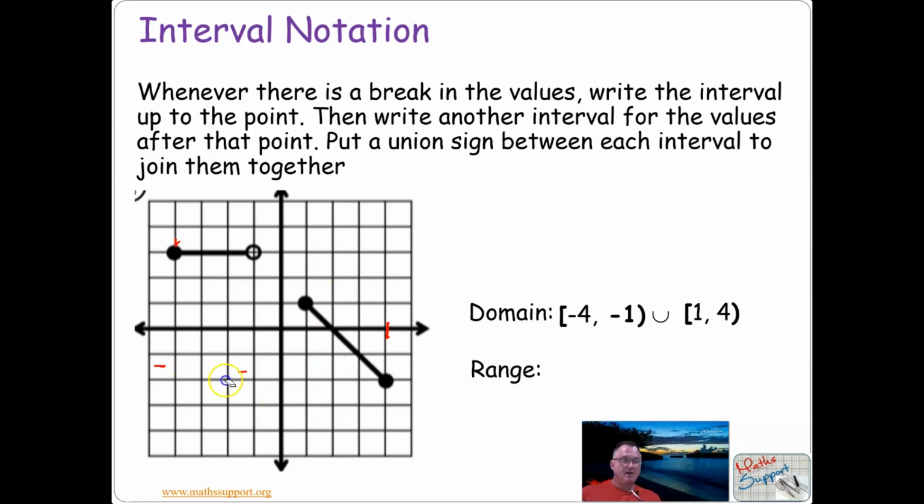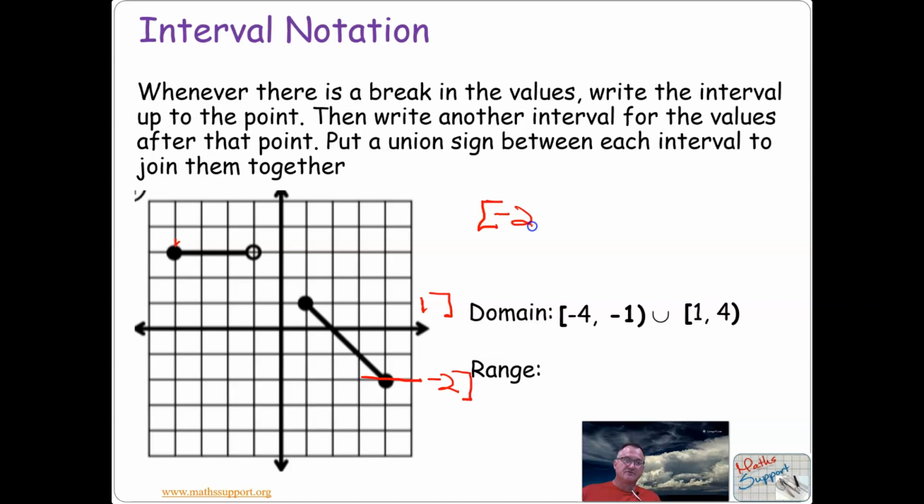Okay, now my range. Well, the lowest number on here is -2, and it's included. The highest number is a 1, and it's included. So my range is going to go from -2 to 1. Or everything on this one has the same y value, 4.